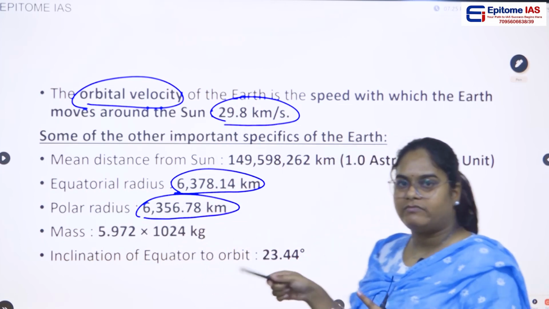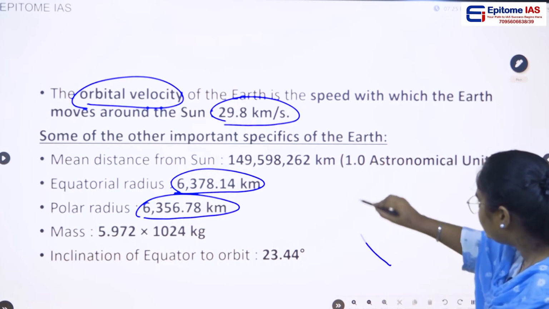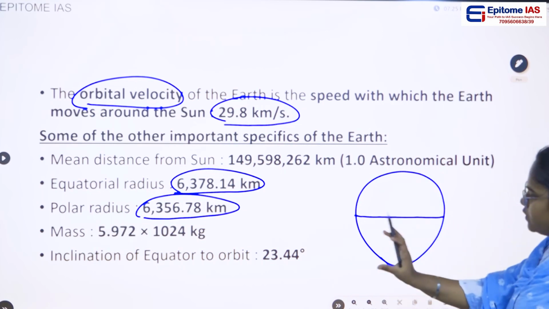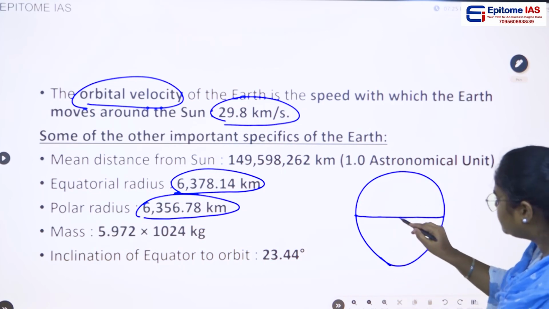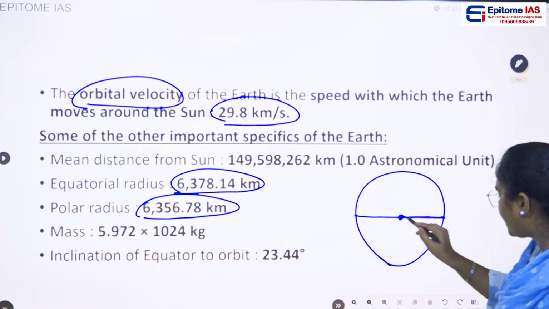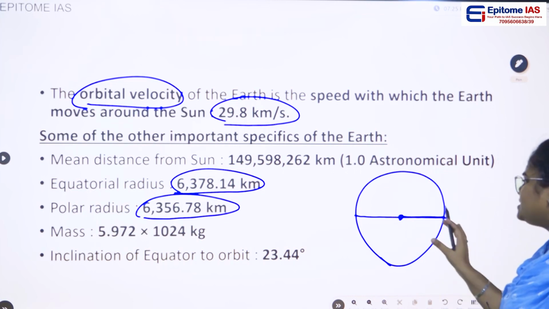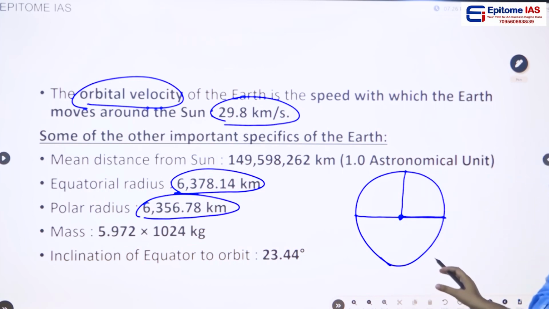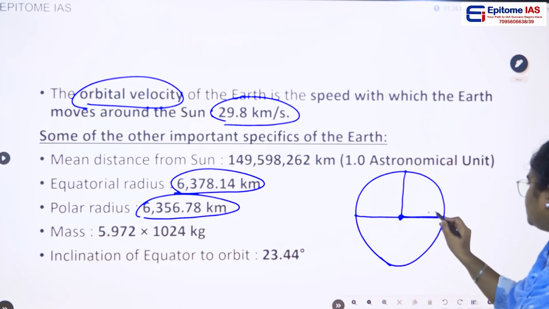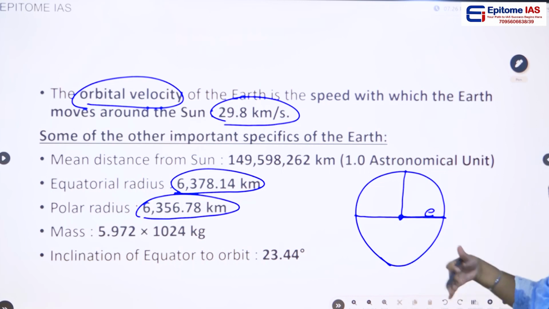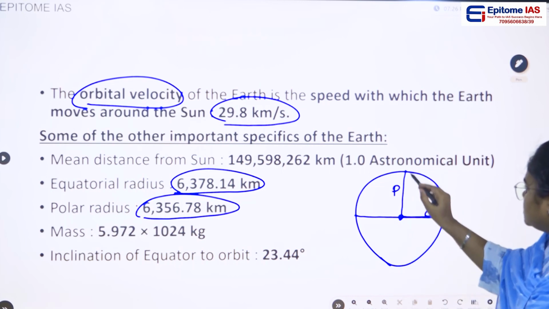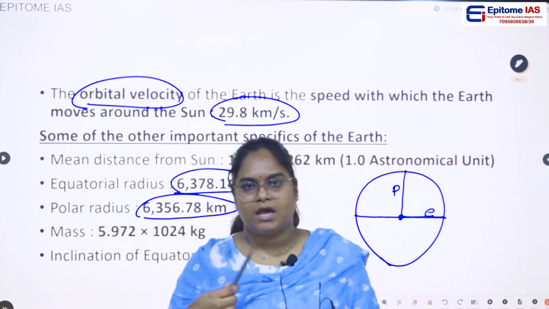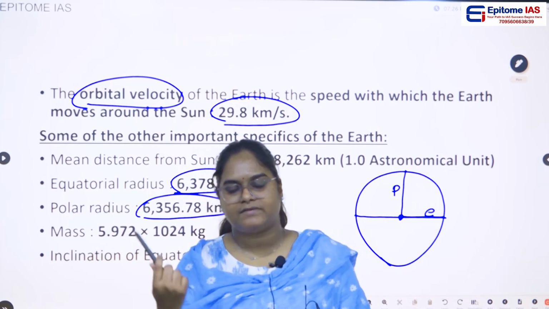So why is the difference? Let us say this is Earth. We have the equatorial radius, and radius means from the center point, so this is the equatorial radius and this is the polar radius. What they are saying is this equatorial radius is somewhat higher than the polar radius. Why? Because the Earth is doing the rotation as well as the revolution, right?